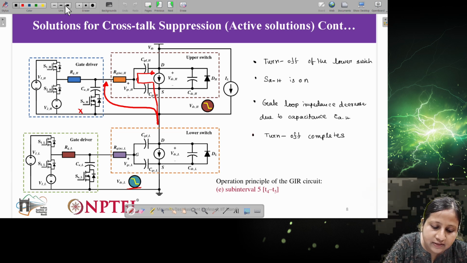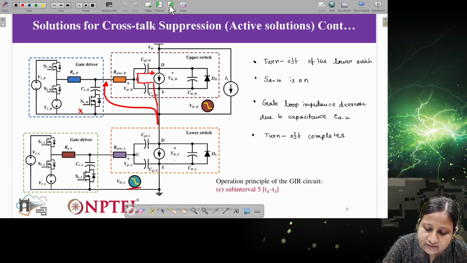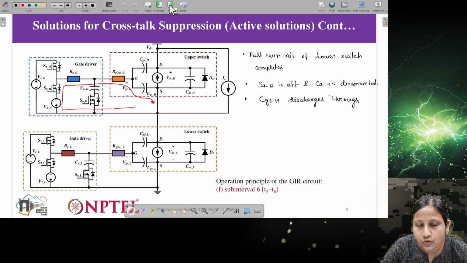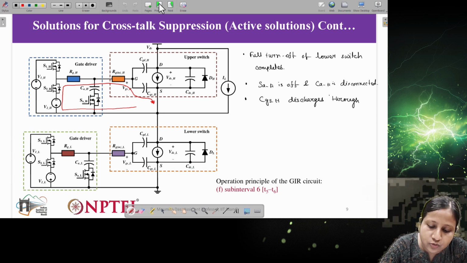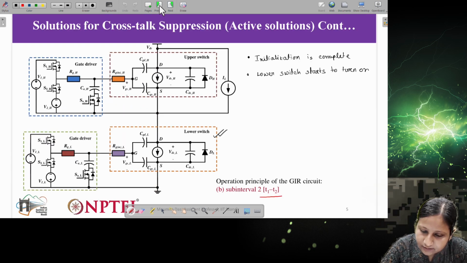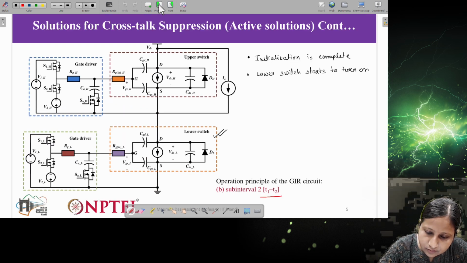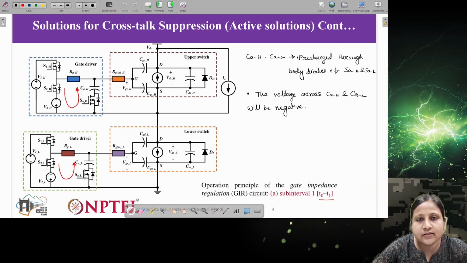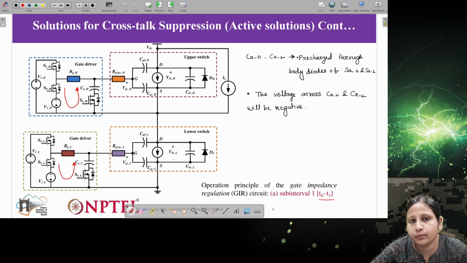Now this capacitance should discharge in order to make this circuit equivalent to subinterval 1. So in subinterval 1, what was the case? The capacitance voltage was 0, meaning this capacitor was in uncharged condition. Only the auxiliary capacitances were in the pre-charged condition.